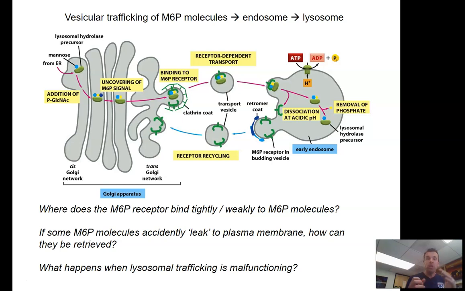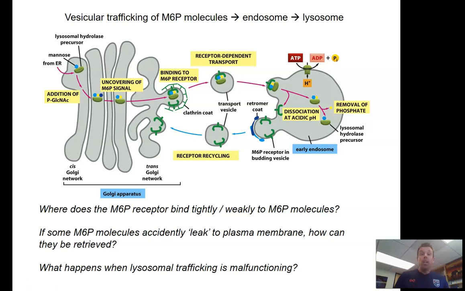So you always want the receptor to bind tightly where it's picking it up, and bind weakly where it's dropping it off. So the M6P receptor has to bind tightly in the trans Golgi and then weakly, thus dropping off the lysosomal enzyme, when it gets to the endosome.